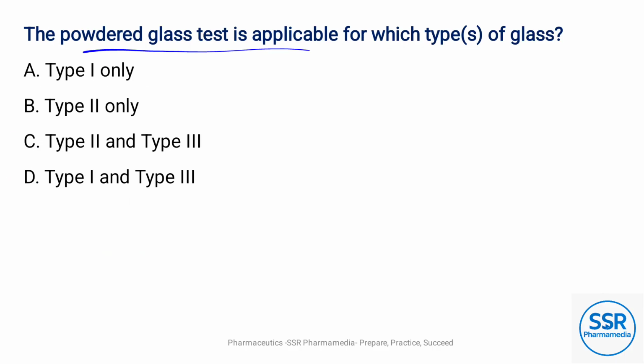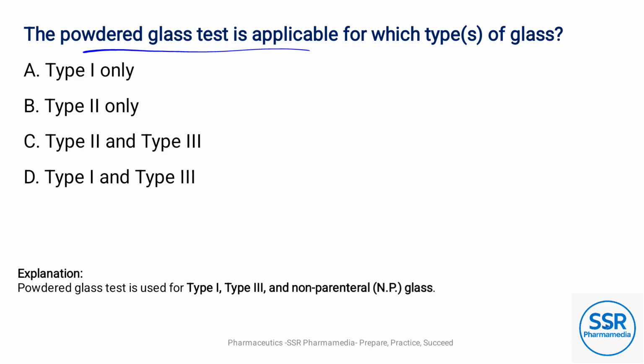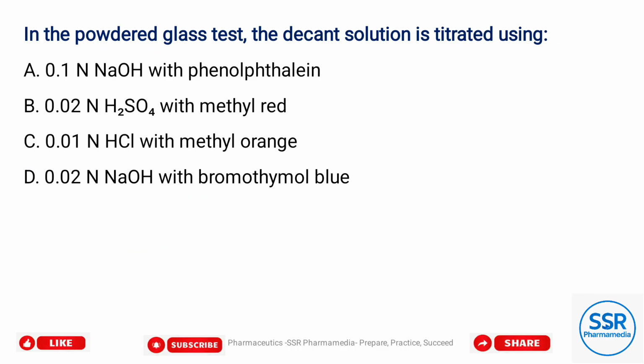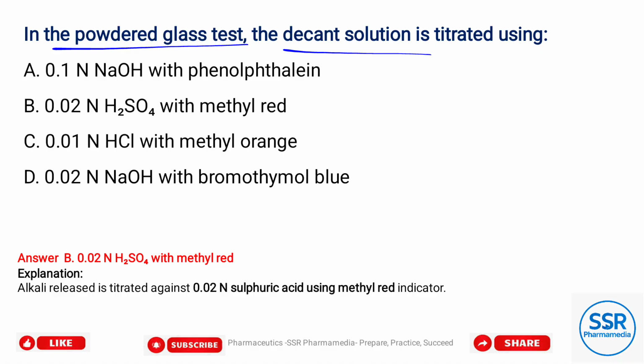The powdered glass test is applicable for which type of glass? Option D, type 1 and type 3. In the powdered glass test, the decant solution is titrated using option B, 0.02N sulfuric acid with methyl red as the indicator.